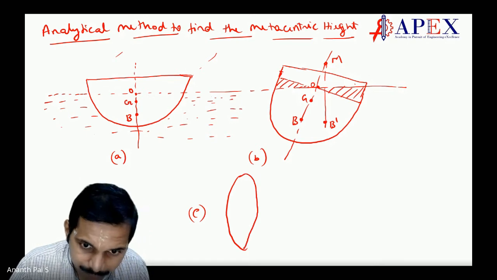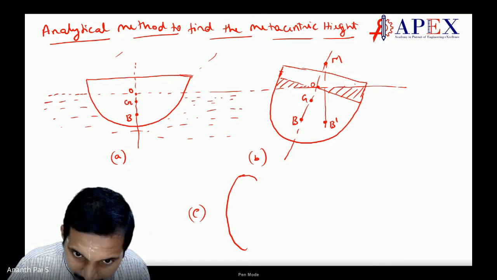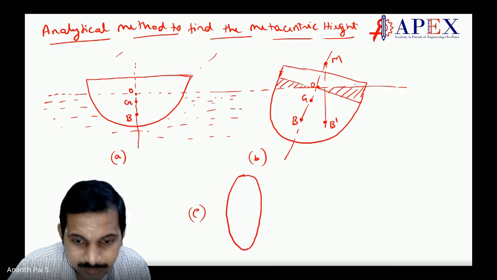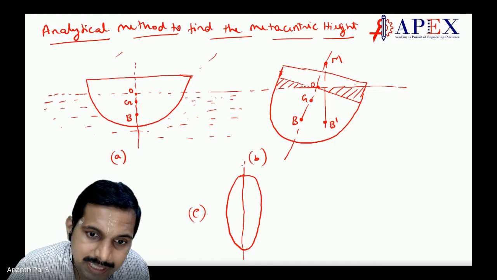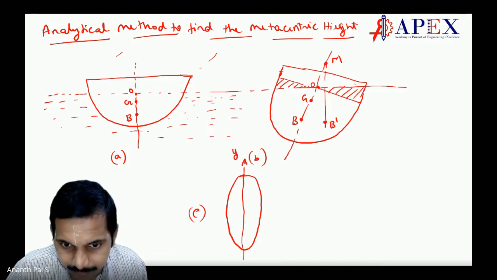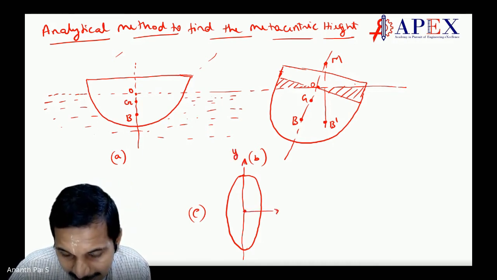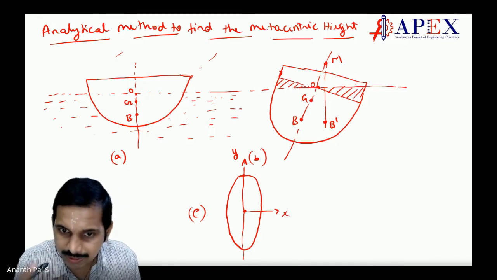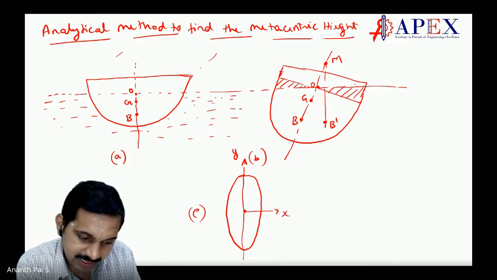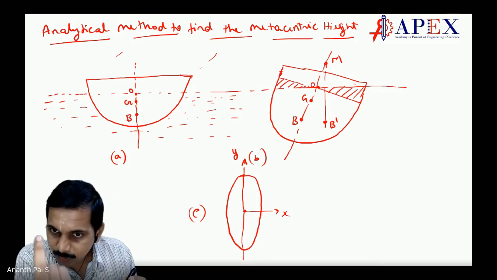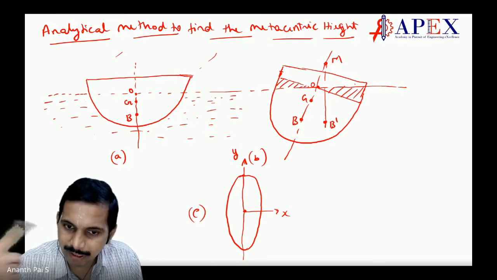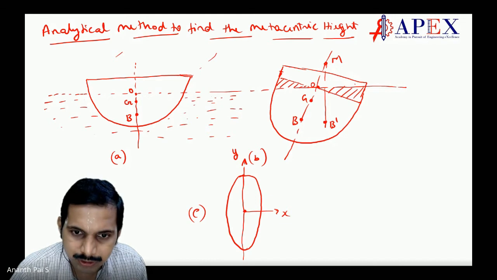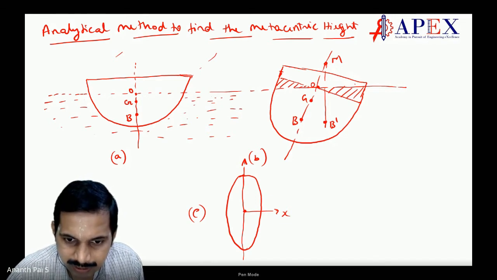This is the top view of the boat, and let us take this axis as Y and this as X. If X and Y are there, Z has to go up, is it not? Wait a minute, students. That is Y, this is X. Z has to be up. Let the Y be in this direction.